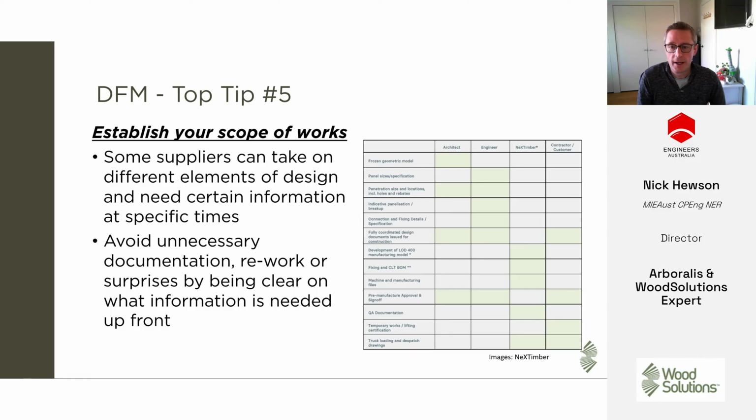It's often going to come as a surprise later in the process to find that there's more information needed, or you spend a lot of time doing a lot of models and details and the supplier wants to do something different. So again, getting that engagement and establishing that scope of works is really critical for the engineer to get the most out of the project.